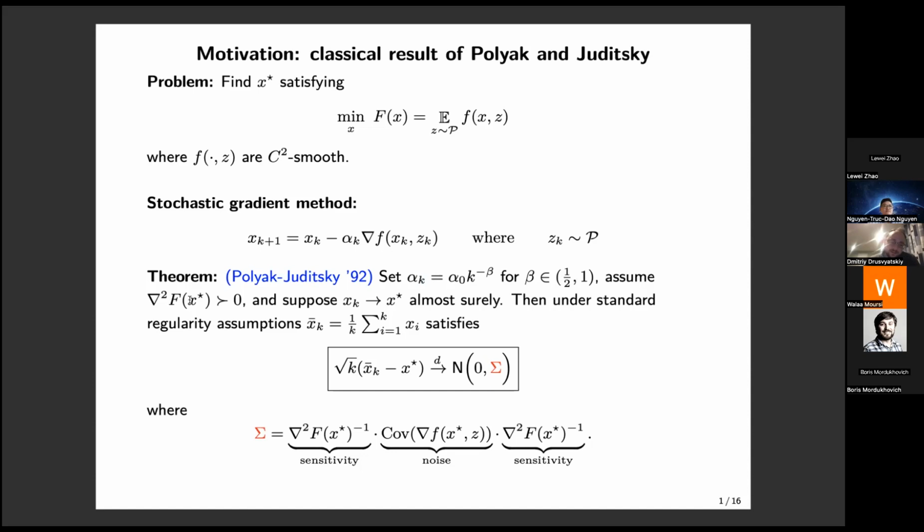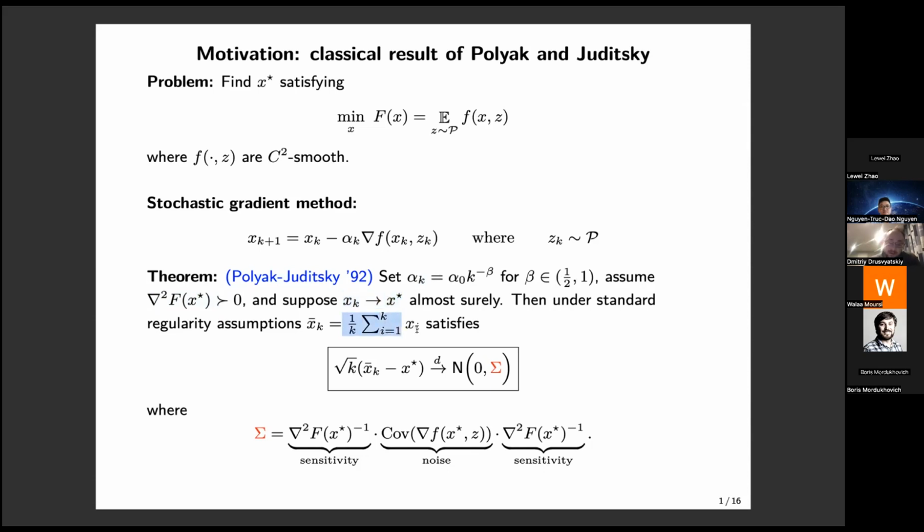And let's assume that the Hessian is positive definite at the solution, so a strong second order sufficient condition for optimality. And let's suppose that, if you have global convexity properties, then you'll be sure that these iterates x_k will converge almost surely. Then under some second moment assumptions, the following is true.